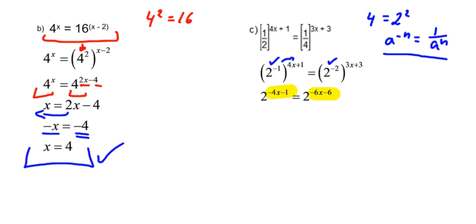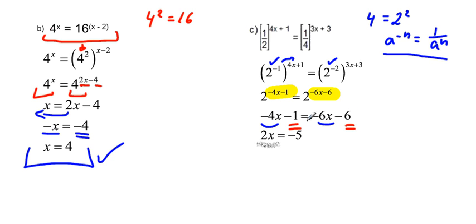So the same approach as with the question on the left-hand side: the same base on both sides, therefore equate exponents. Rearrange this linear equation, so group x terms together, then group constant values together on the opposite side, and you will find a solution for x. So -6 and 4, -4 plus 6 will give you 2x, right?